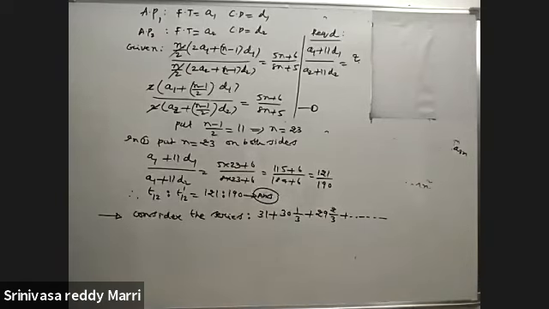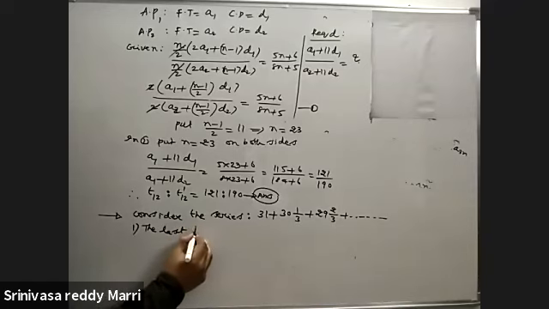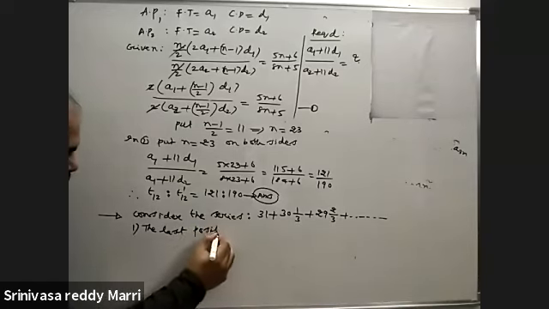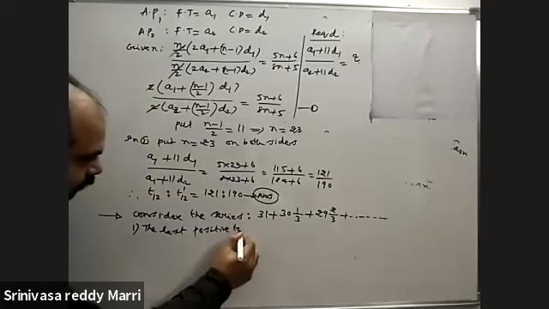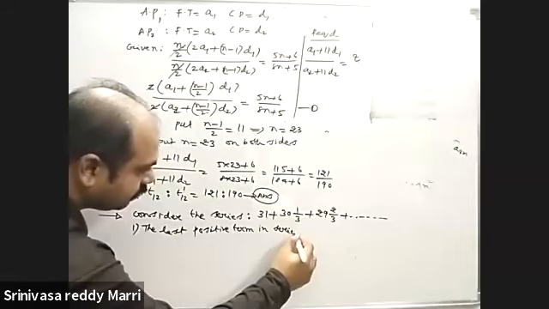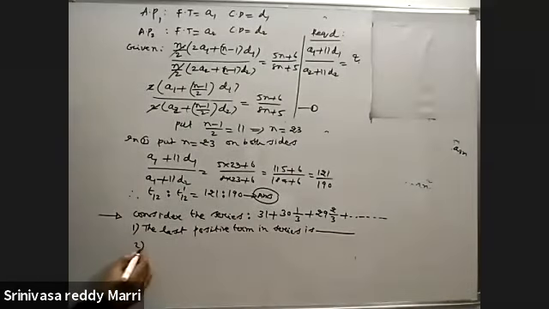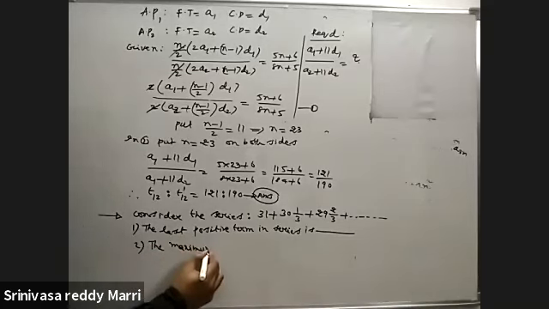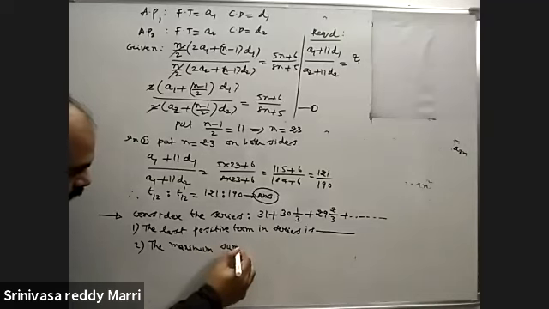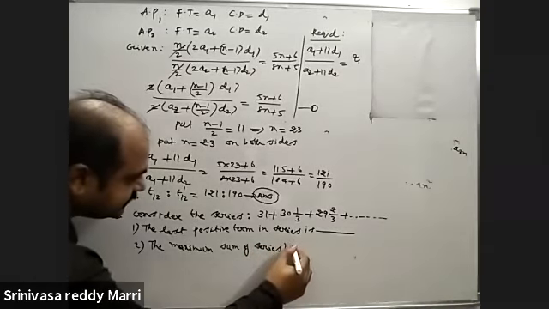Number 1: the last positive term in the series is dash. Number 2: the maximum sum of the series is dash.